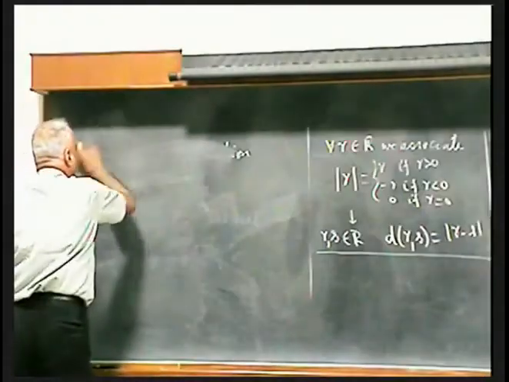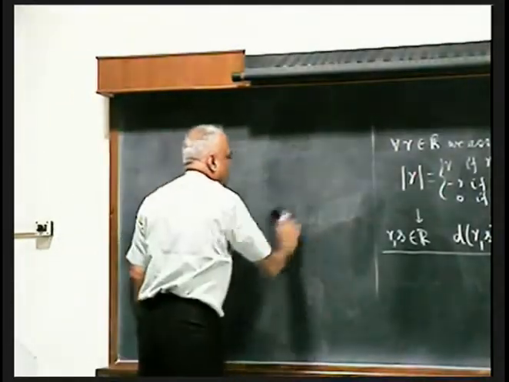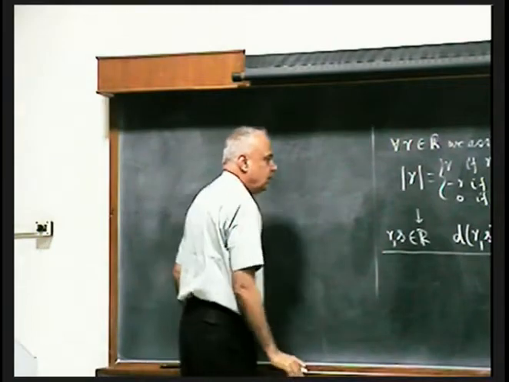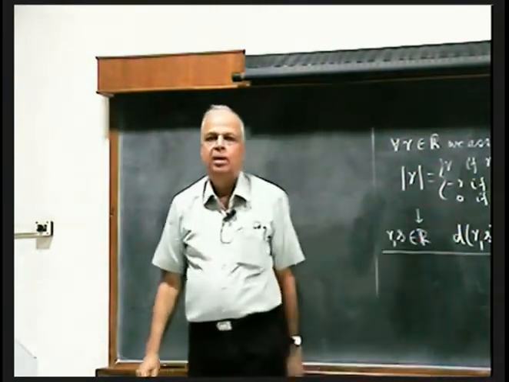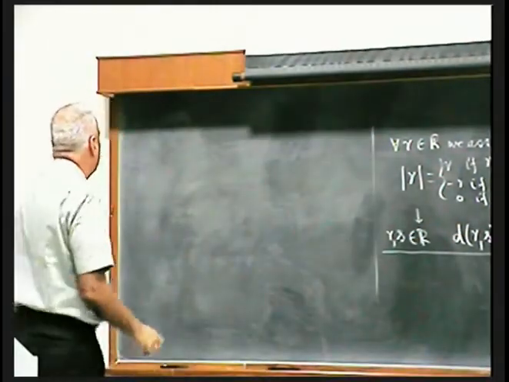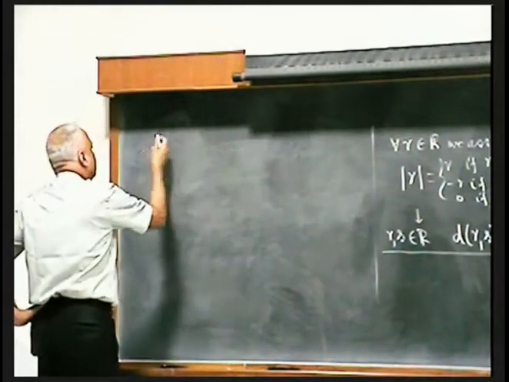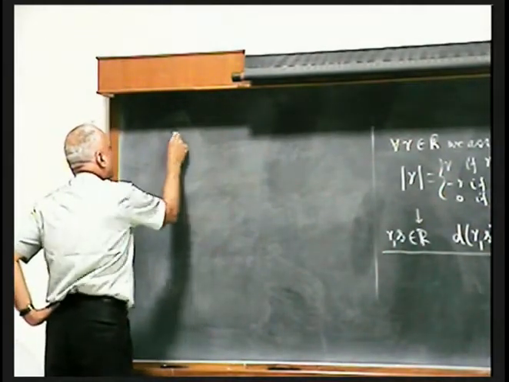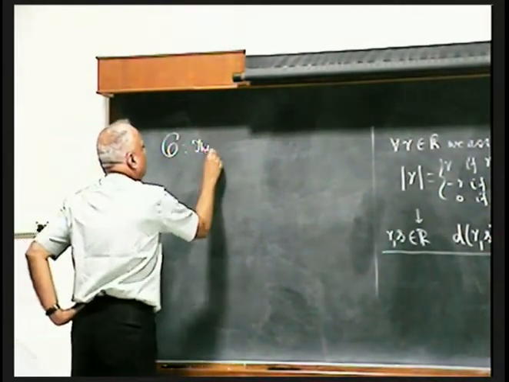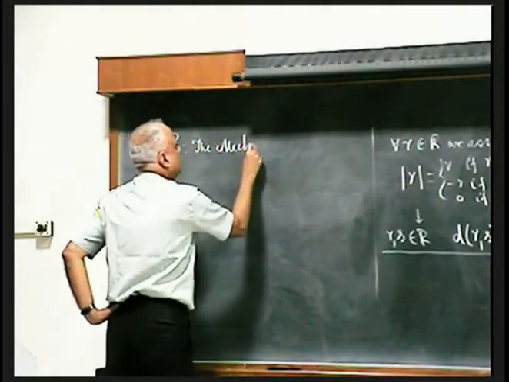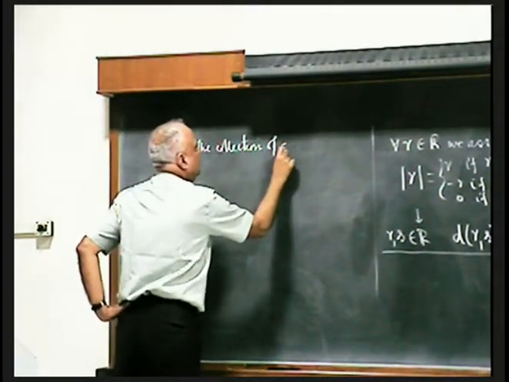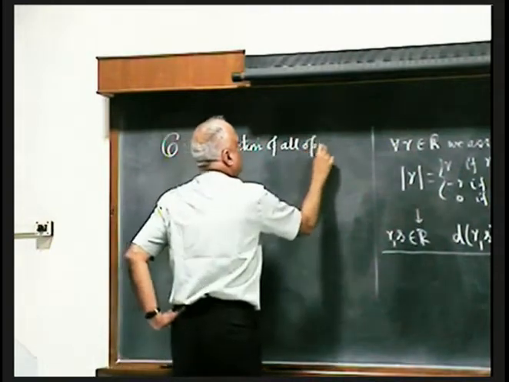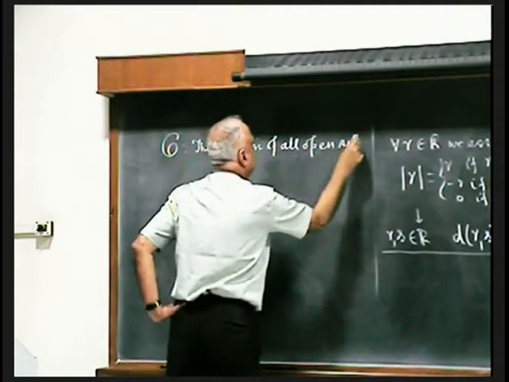The collection of all these open sets gives you what is known as the topology of the real line. So we say, I think I might have used script O, the collection of all open sets.